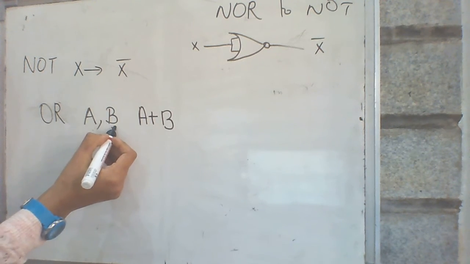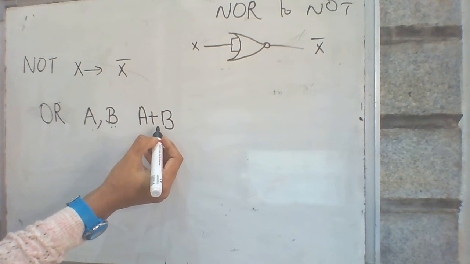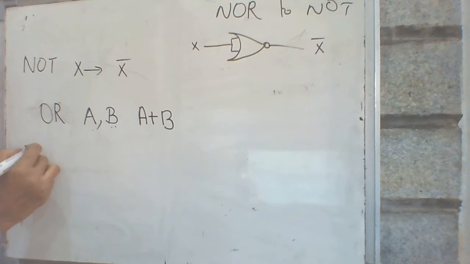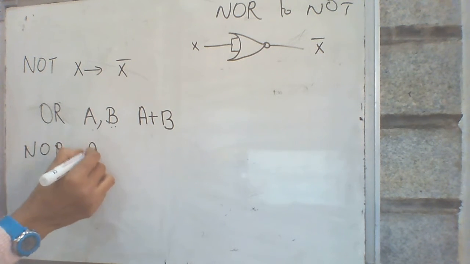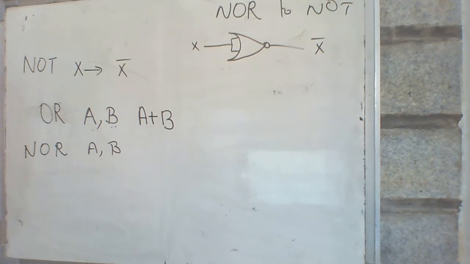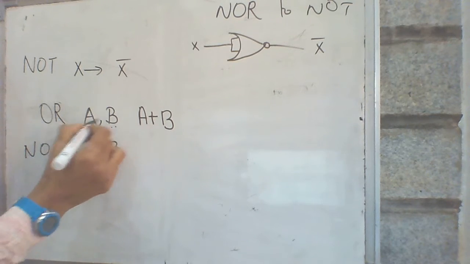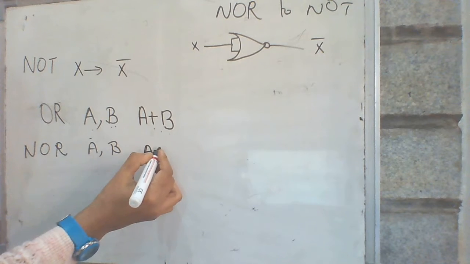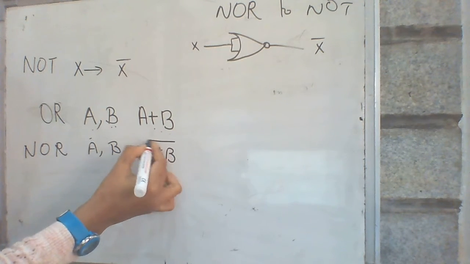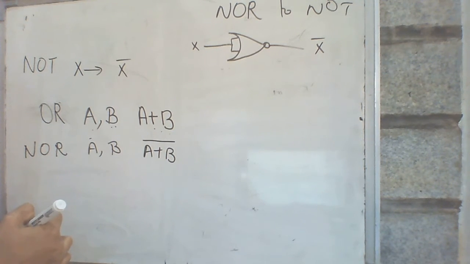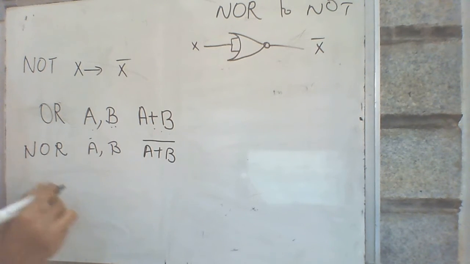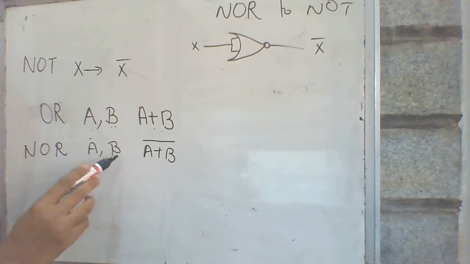The output of OR gate will be A plus B. So, what will be the output of NOR gate if A and B are the inputs? OR gate means A plus B. NOR gate means A plus B the whole bar. A plus B the whole bar will be the output of NOR gate if A and B are the input.